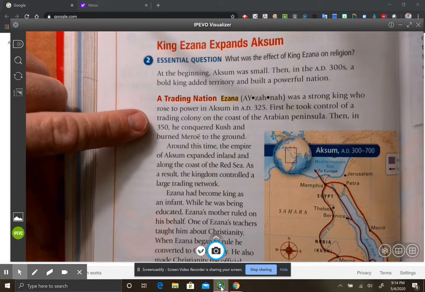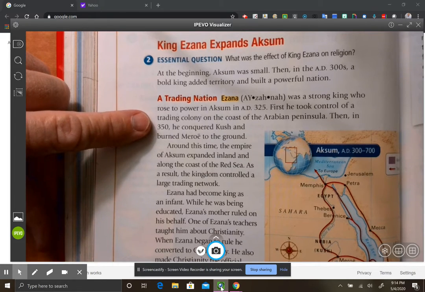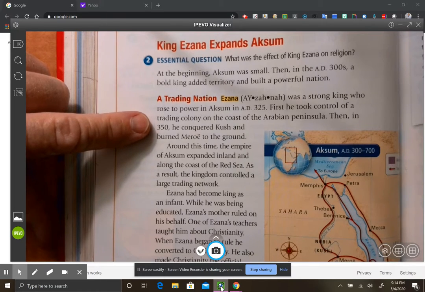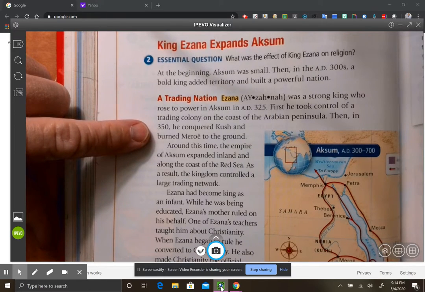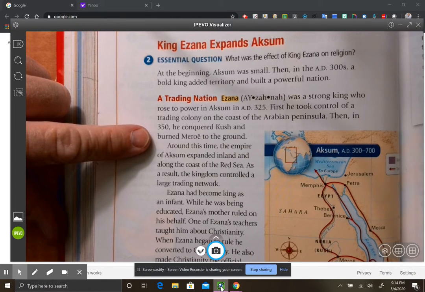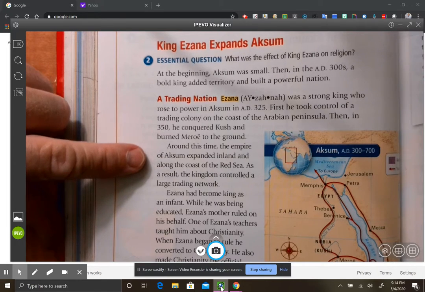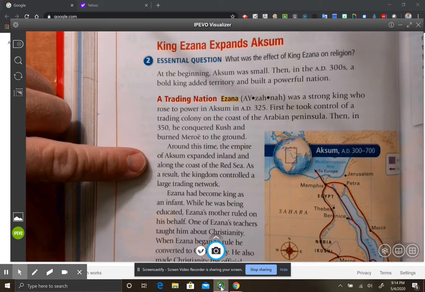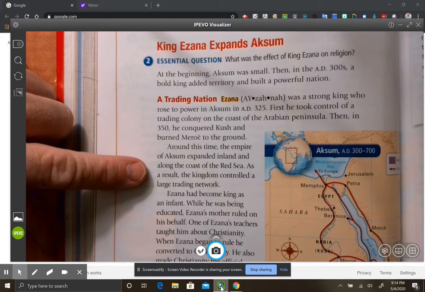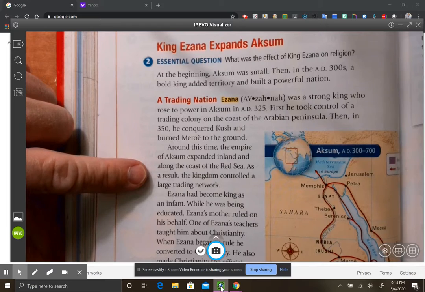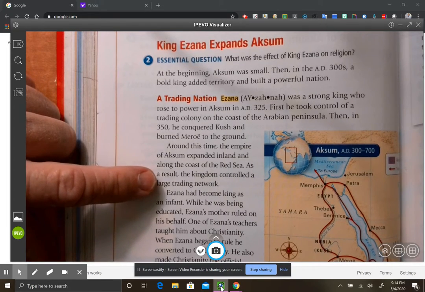First, he took control of a trading colony on the coast of the Arabian Peninsula. Then, in 350, he conquered Kush and burned Meroe to the ground. Around this time, the empire of Aksum expanded inland and along the coast of the Red Sea. As a result, the kingdom controlled a large trading network. Ooh, lots of money in a large trading network.